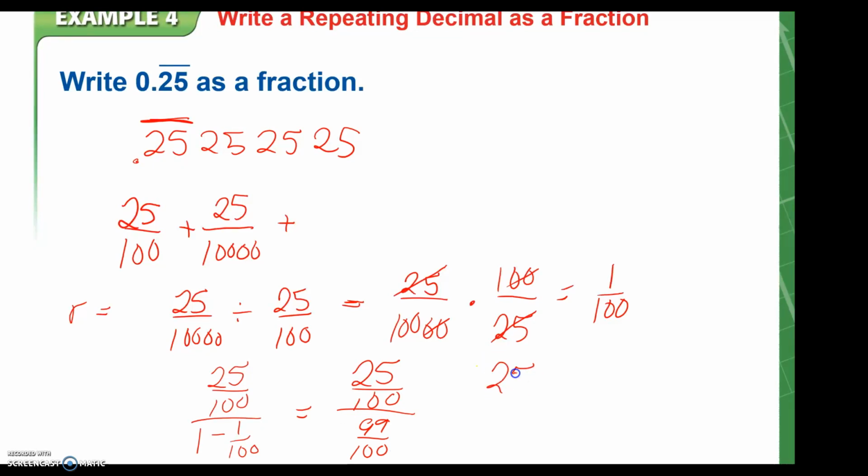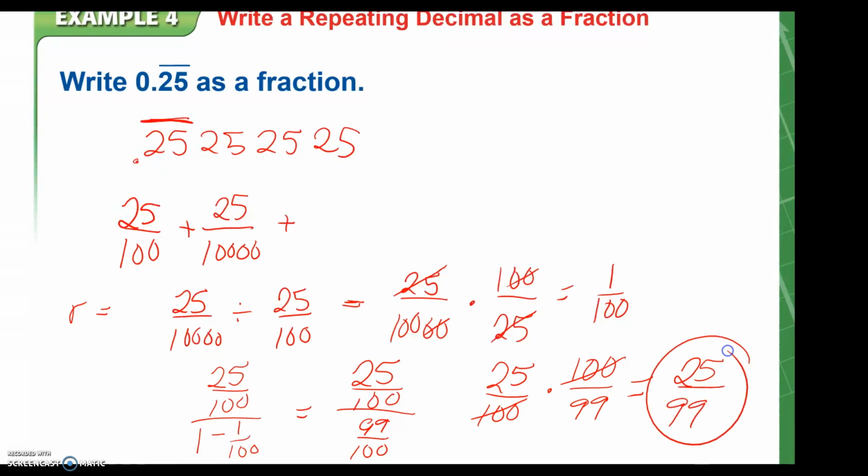We'll multiply by the reciprocal, 25 over 100 times 100 over 99. Hundreds cancel out, and I get 25 over 99. And you probably saw the algebraic method in Algebra 1, but this would be one way we can write those fractions using our infinite geometric series.